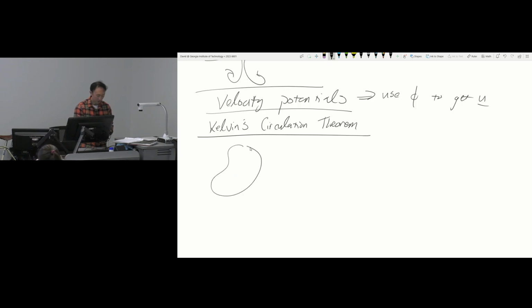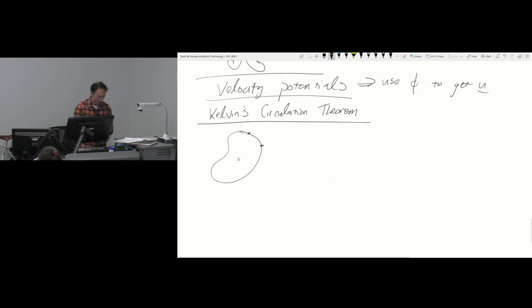So Kelvin's circulation theorem says, hey, if I have this closed curve C, then d gamma/dt is equal to 0, where, sorry, not sigma, capital gamma.